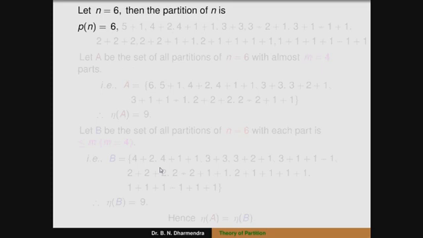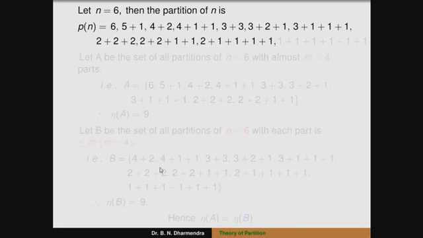The first is 6, next 5 plus 1, next 4 plus 2, 4 plus 1 plus 1, next 3 plus 3, 3 plus 2 plus 1, next 3 plus 1 plus 1 plus 1, again 2 plus 2 plus 2, next 2 plus 2 plus 1 plus 1, again 2 plus 1 plus 1 plus 1 plus 1, and the remaining one is 1 plus 1 plus 1 plus 1 plus 1 plus 1. Overall the count is 1, 2, 3, 4, 5, 6, 7, 8, 9, 10, and this one is 11. So therefore P of 6 is equal to 11.